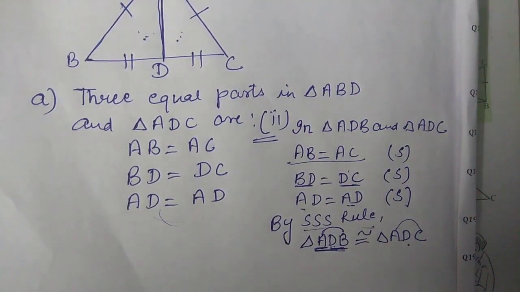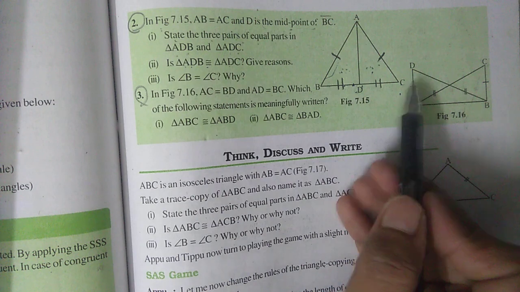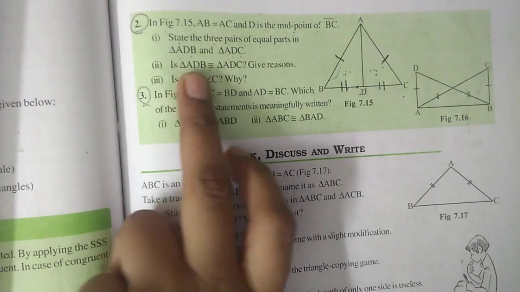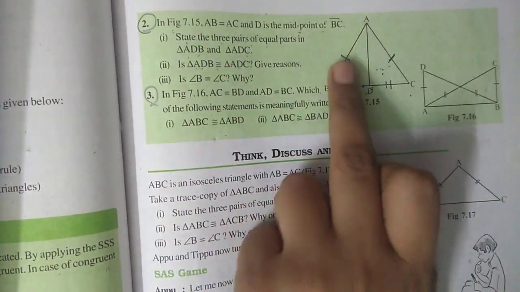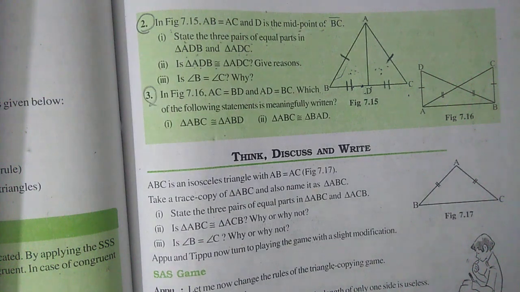Now the third part is angle B is equal to angle C. Now listen to one thing. If the triangles are congruent, and we have already proved that the triangles are congruent, then all the corresponding angles are equal.